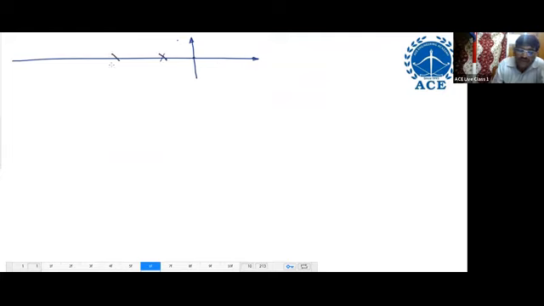I'll take one pole here, one pole here, one zero here, one pole here. What is the approximate system response? Find the approximate system response.